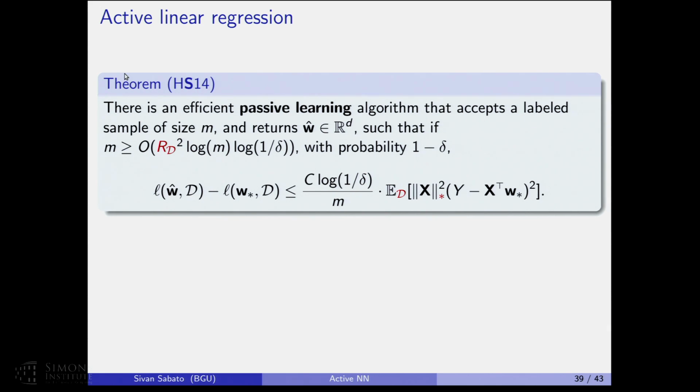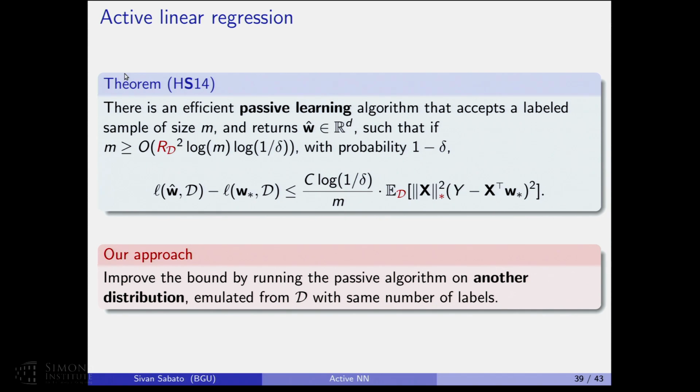And the point for this talk is I want to make it active. What do I mean by making it active? It means I want to improve the number of labels using this bound. The main idea is the following. This bound depends on the distribution. It's of course not surprising, but the idea is we can change the distribution.